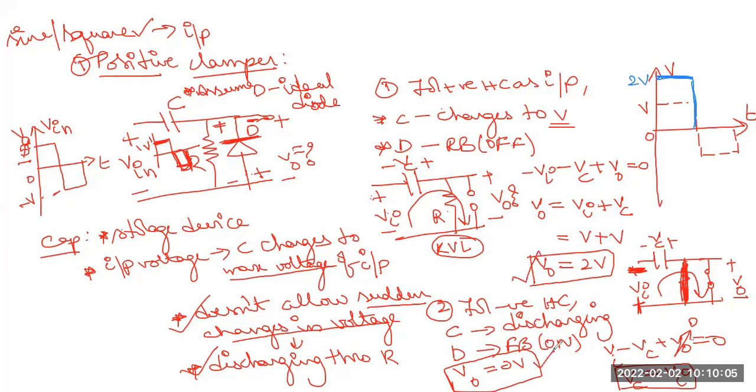So now what is the final output waveform that you see? It is this that you need to plot on the waveform. So for the negative half cycle, the output voltage is 0. This is 0, right? So this is how you have the waveform. And now if the waveform is continuous, what will be the next output? It goes to 2V and then again it drops to 0.